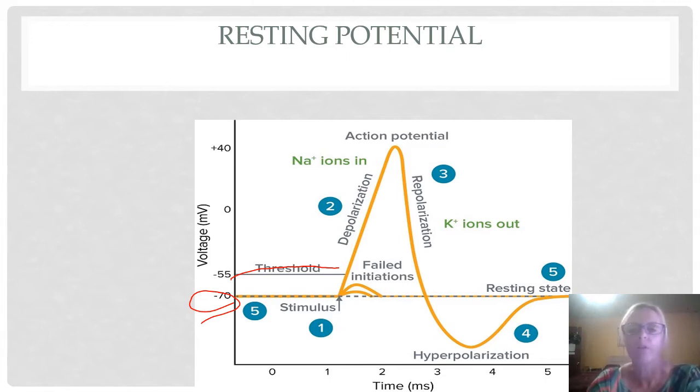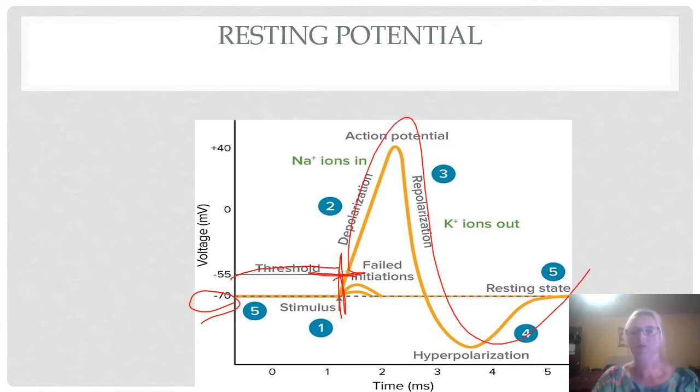It will not begin until it reaches that mark, okay? When the stimulus occurs that reaches that threshold value, the voltage needed to cause the action potential to fire, okay, then it is going to be that all or none. It's going to finish. So once it reaches this threshold amount, then this part's going to occur, okay?